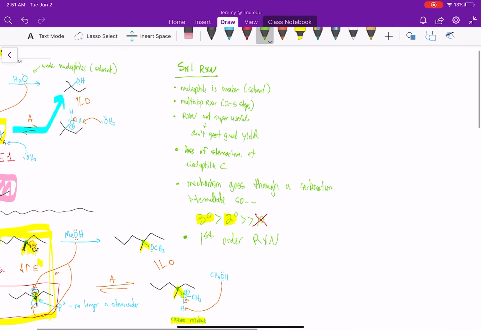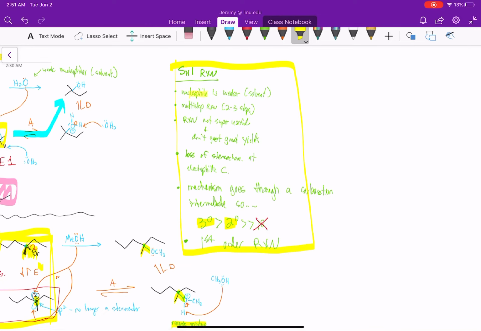Again, I just want to highlight all these pieces here. In the SN1 reaction, our nucleophile will generally be weak. It'll normally be our solvent. It's a multi-step reaction that goes through a carbocation. So this reaction will work if it's tertiary or secondary. We have a loss of stereochemistry.